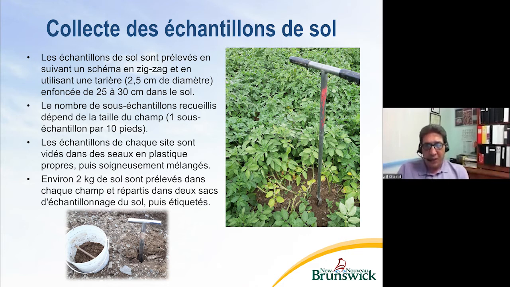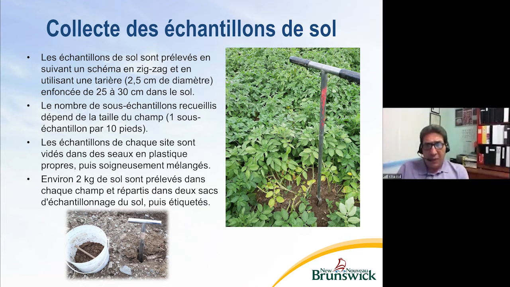But we drive the auger about 25 to 30 centimeters deep in the ground, or up until we can't go any further. And we take a soil sample. We usually take a number of soil samples from each field, depending on the field size. But generally speaking, if we have the staff and time, we take one subsample per 10 feet.